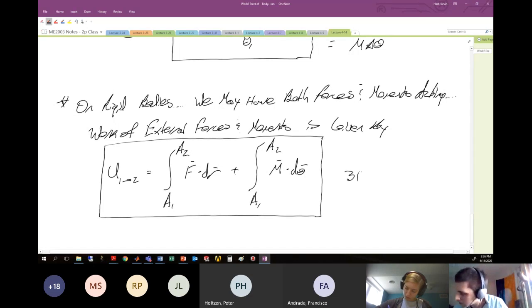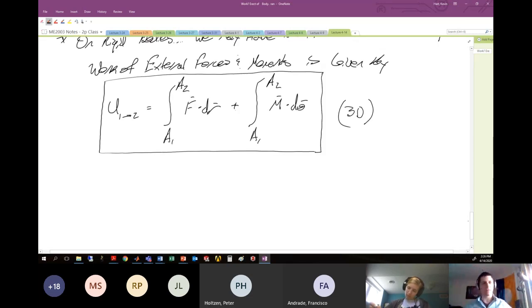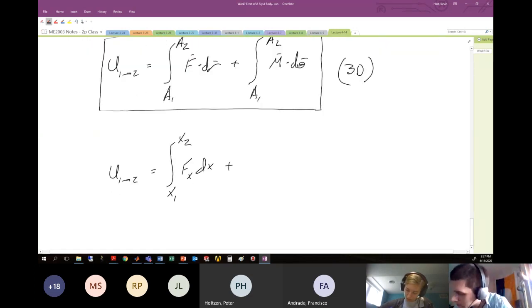All right. But in our class, usually we'll simplify this down into 2 dimensions. And so in 2 dimensions, this integral will shake out to the integral from position x1 to x2 of the force component in x along the direction of x, plus the integral from y1 to y2 of the force components in the y direction over the y path.